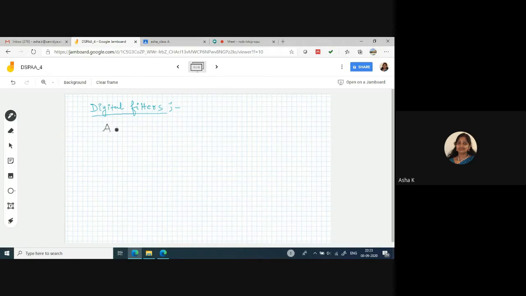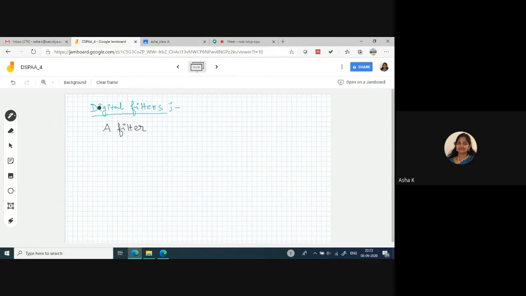So a filter is nothing but a sequence h of n that operates on the input sequence x of n to generate the output sequence y of n, to remove unwanted components, disturbance or not necessary components in the electronic system. We use this kind of filter.